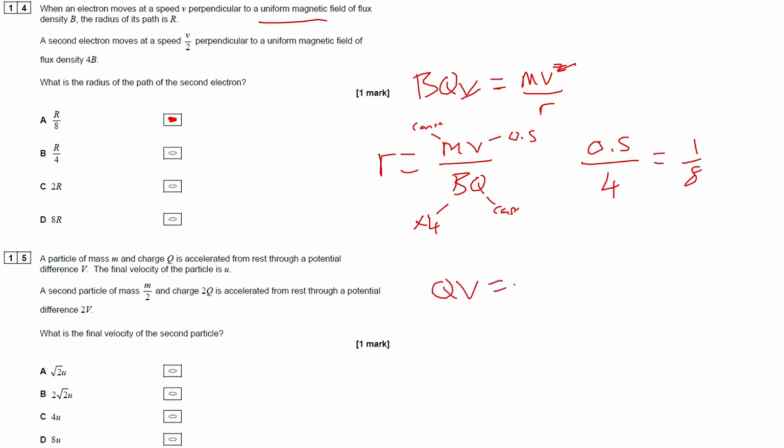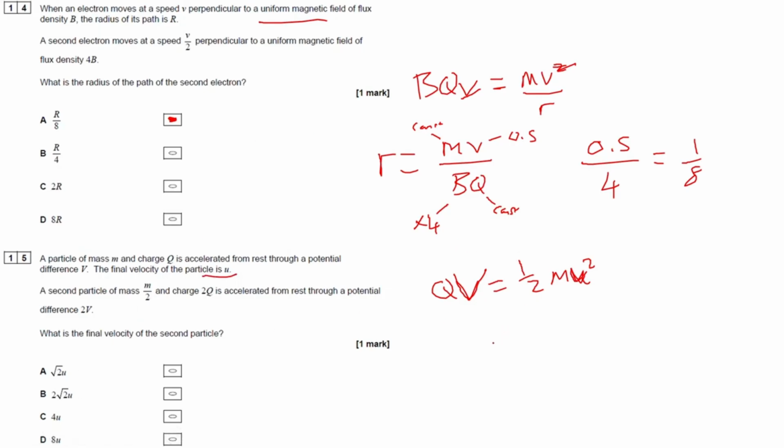Electrical energy is QV, kinetic energy is half mv squared. These two v's are different, that's just potential. I'll use capital V, and lowercase v is the velocity. In fact, I'm just going to use u, because in all the options I can see that they're using u here for the speed, and it says u here as well. So I'll just use u in this case.